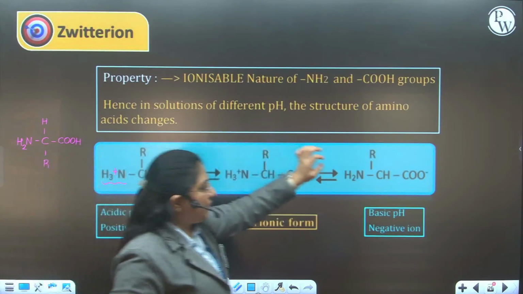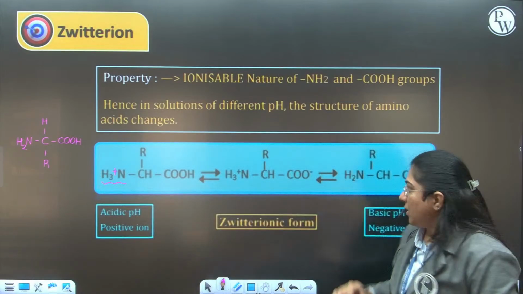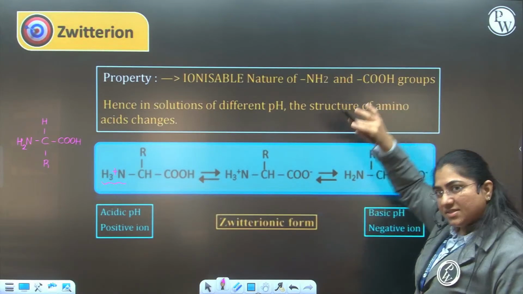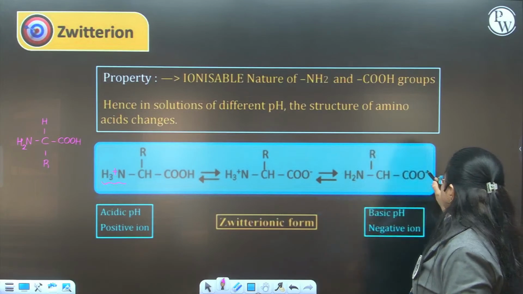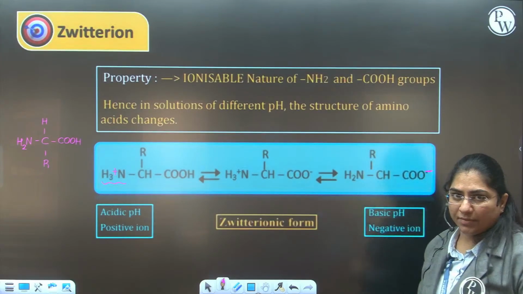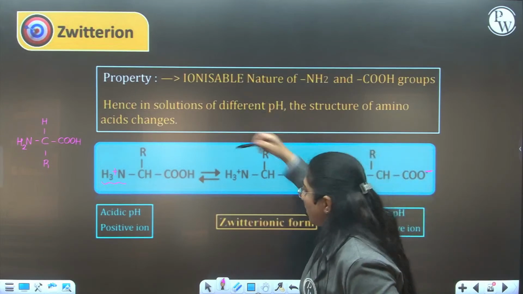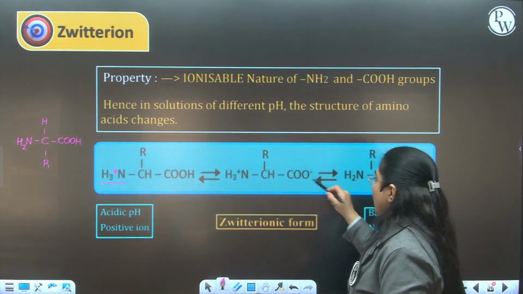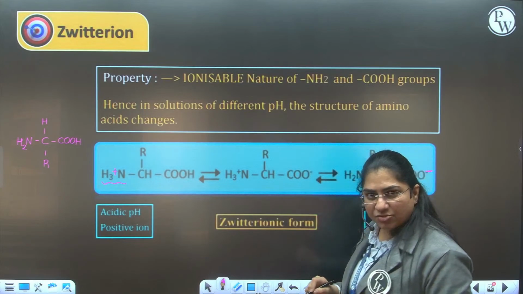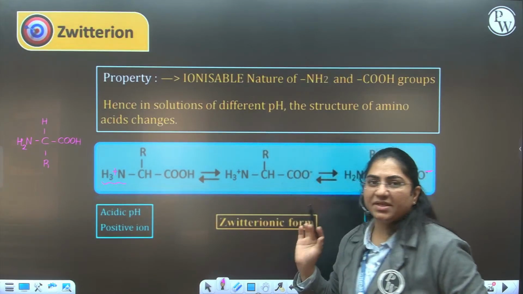Similarly, when we put it in a basic medium, the COOH releases its H plus and behaves as a negatively charged ion. At a particular pH, there will be an intramolecular hydrogen transfer where the COOH releases its H plus and that is taken up by the NH2.